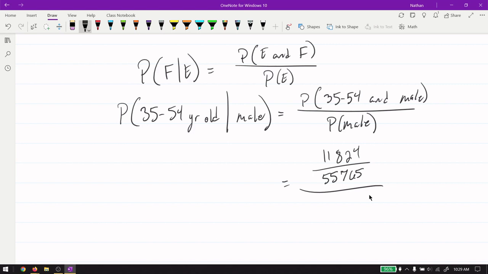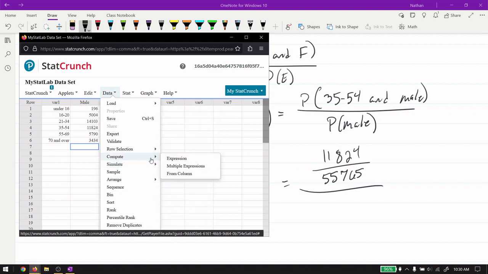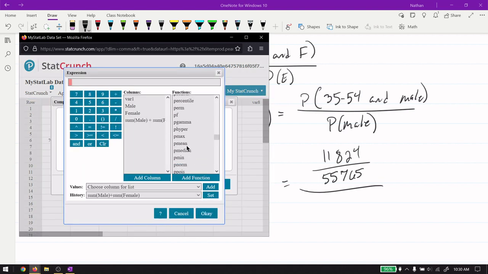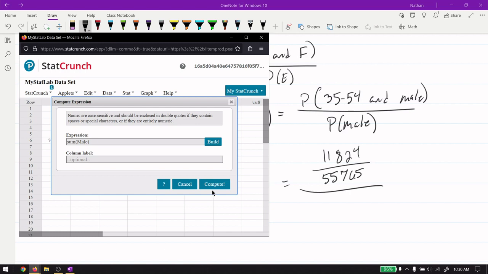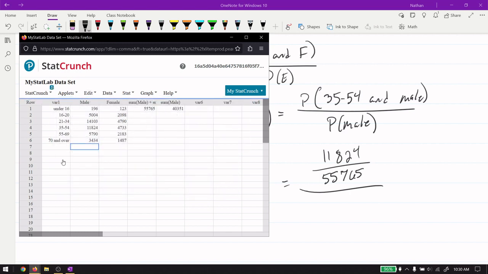The bottom probability is male, and that's going to be just the sum of these numbers here. So really what I want to do is data, compute expression. I'm going to do the sum of all the male values. Compute that. And actually put it over here. It didn't put it down there.